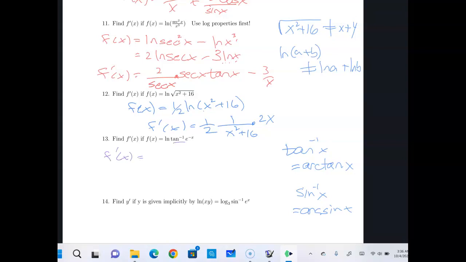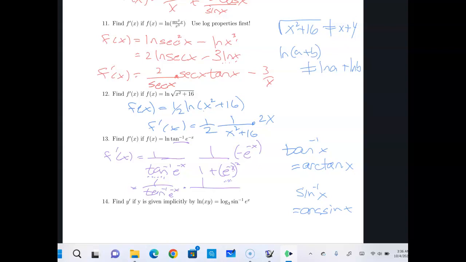So we just get to go take the derivative. So the derivative will be 1 over that function times the derivative of this arc tangent. So that's 1 over 1 plus the argument squared, and then I have to multiply by the derivative of this, which we know is -e to the -x. And then I just want to simplify this a little bit, because I've seen people multiply these incorrectly.